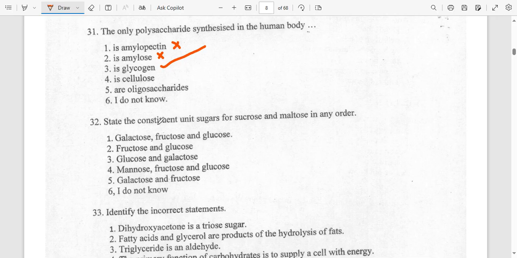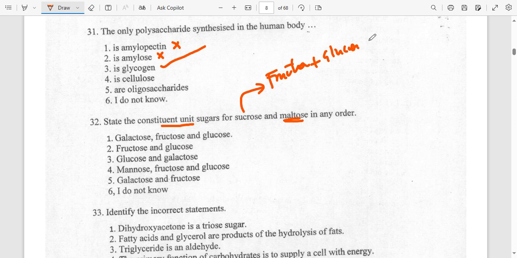State the constituent unit sugar for sucrose and maltose, in any order. Now, sucrose, we know it's fructose and glucose, right?